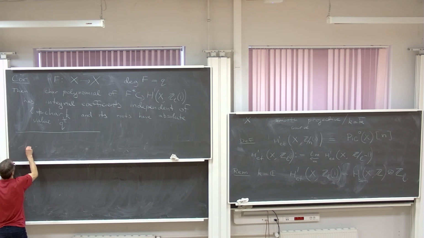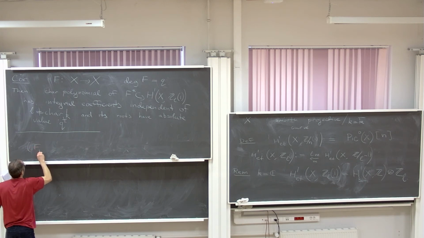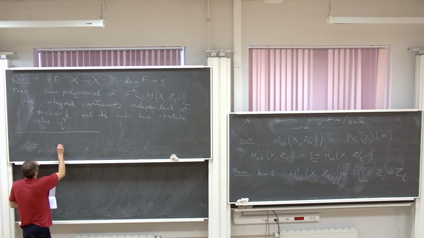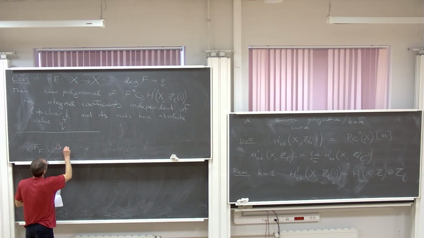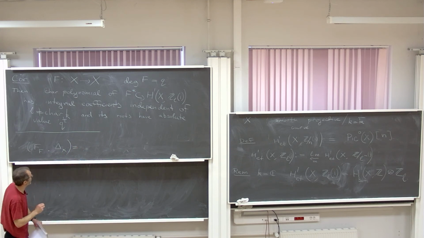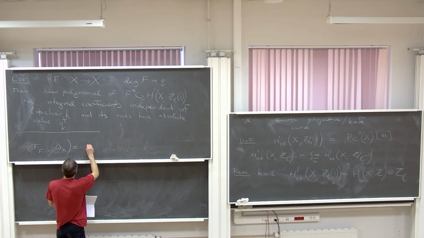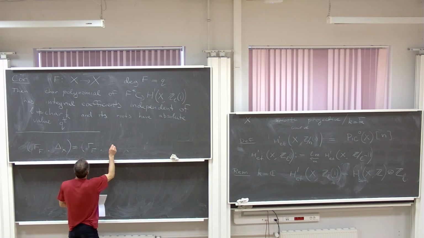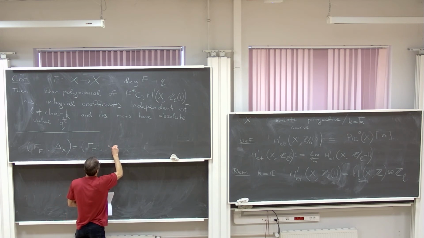So if you take the trace of alpha, which is alpha gamma f, I want to apply the Lefschetz formula to the graph of f. If you intersect it with the diagonal, then the Lefschetz formula that I just erased shows that this number is equal to the intersection of gamma f with x0 times x.